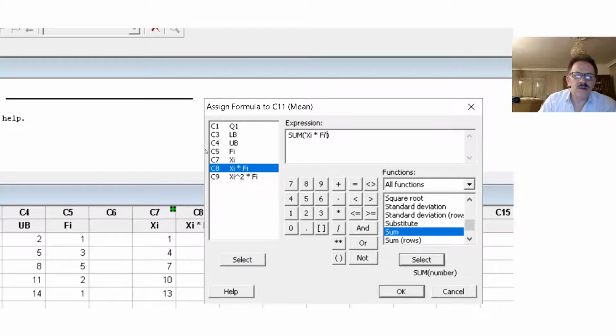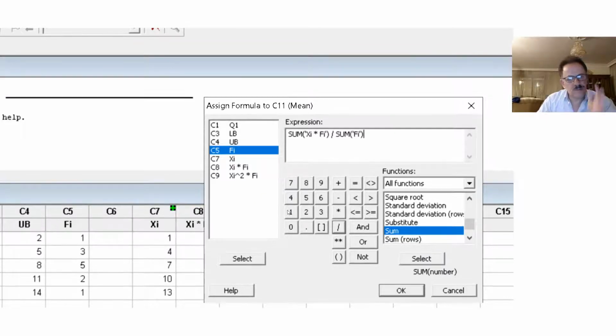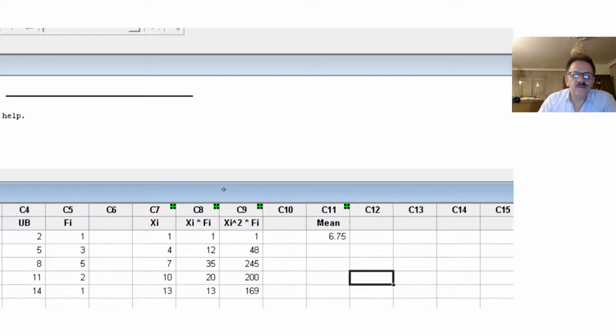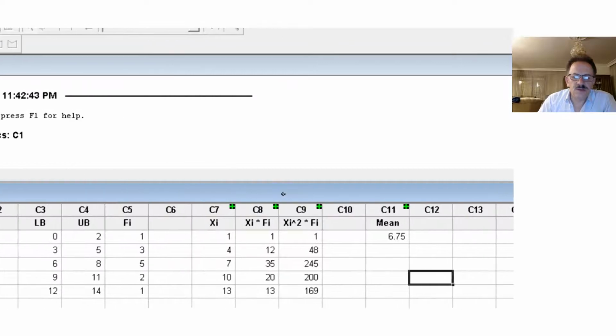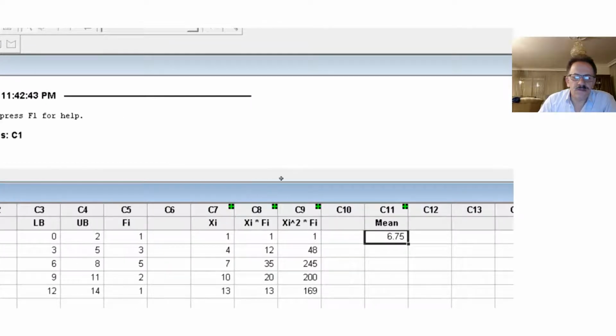So I will say sum of column xi fi, and then the sum of xi fi divided by summation of what? This is summation of fi. Okay, so the mean is equal to the summation of xi fi divided by summation fi. So this will be the mean. So the mean of this group data is equal to 6.7.